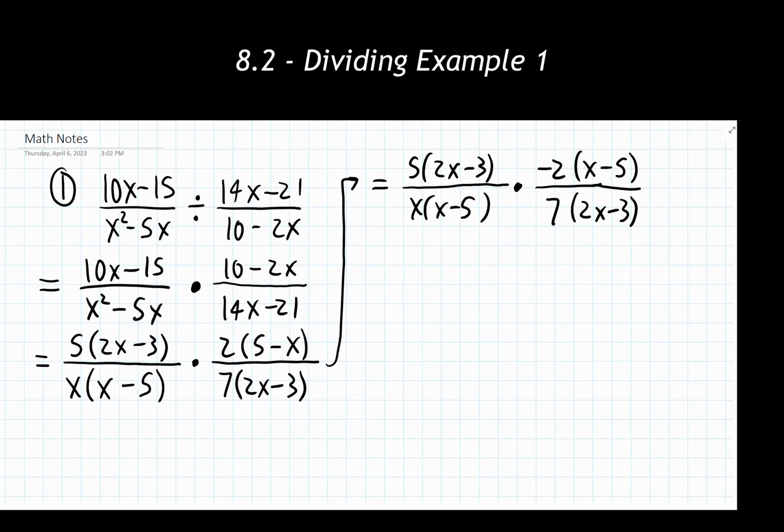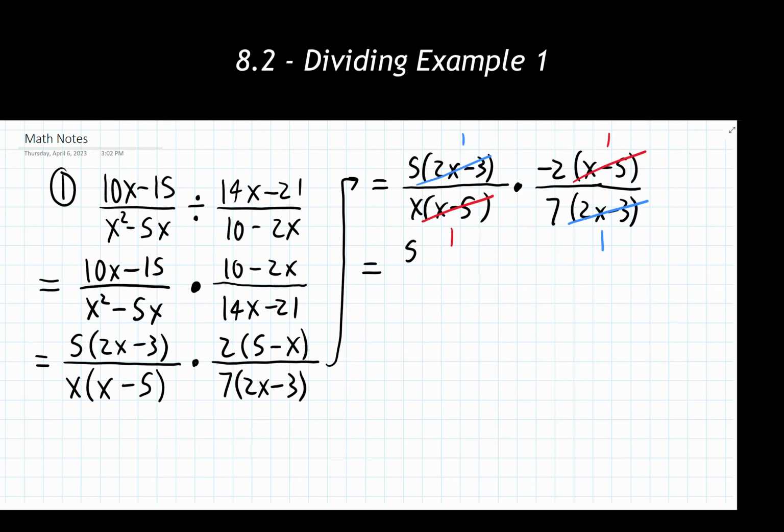But now that we have everything fully factored in the numerator and the denominator spots, I can start canceling. So I have a 2x minus 3 and a 2x minus 3. Those each cancel out and become 1. I also have an x minus 5 and an x minus 5 that cancel out, and those two things become 1. Let's do a rewrite before we start multiplying things together.